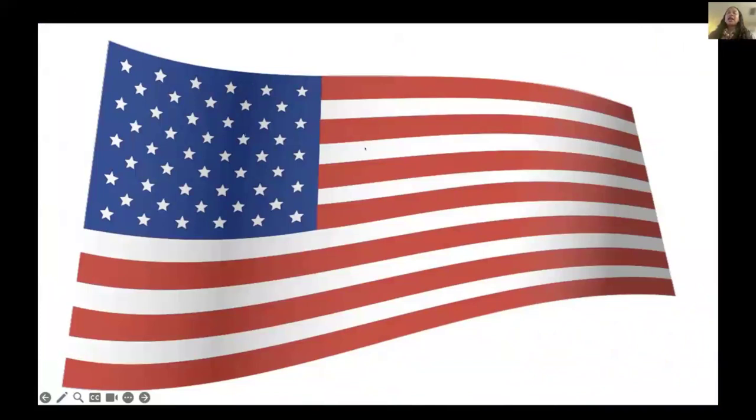Every day we stand up. When I was in school, I always remember that we said the Pledge of Allegiance to the flag, and we made sure we put our hand over our heart, and we said, I pledge allegiance to the flag of the United States of America and to the republic for which it stands, one nation under God, indivisible, with liberty and justice for all. That justice for all piece is super important.